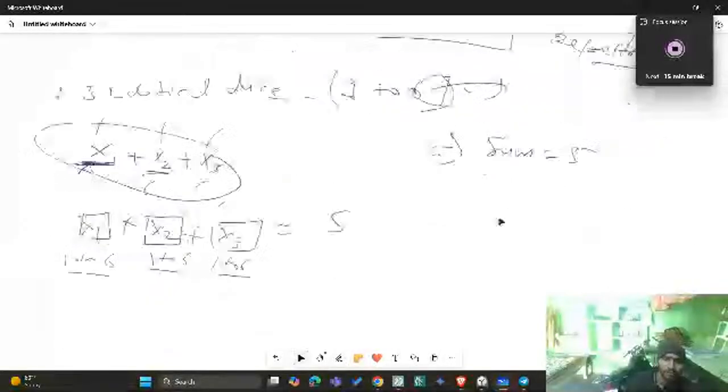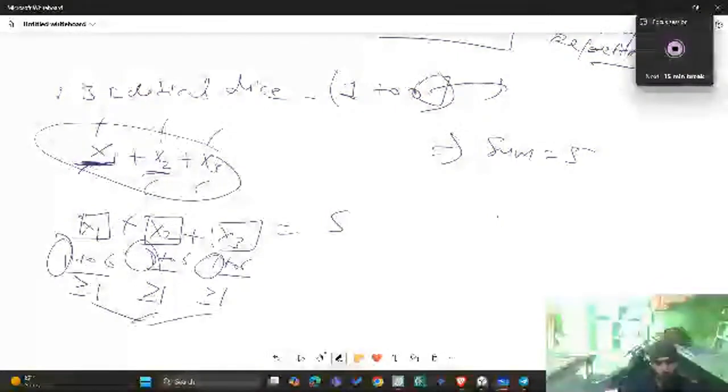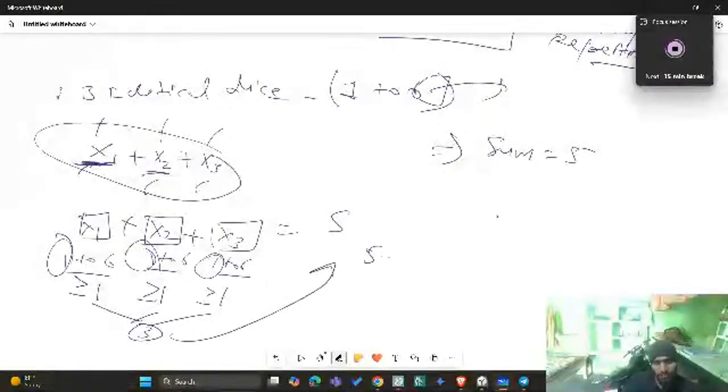This is the value system. What we can do is remove the lower constraint. Each variable is greater than or equal to 1, so we put 0 as the lower bound for all of them, and the sum of the lower bounds is 3. We subtract this from the sum: 5 minus 3 is equal to 2.